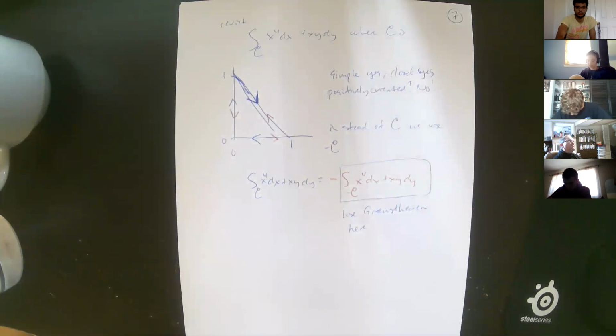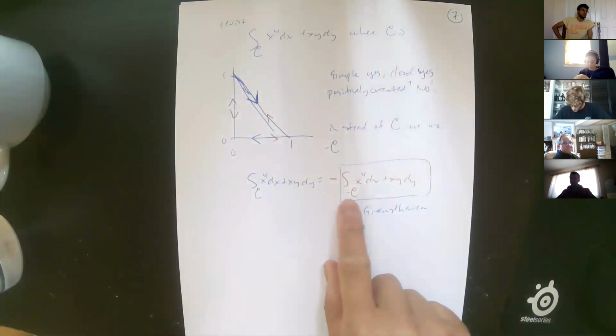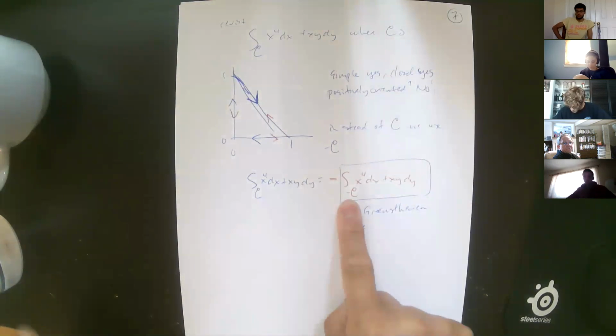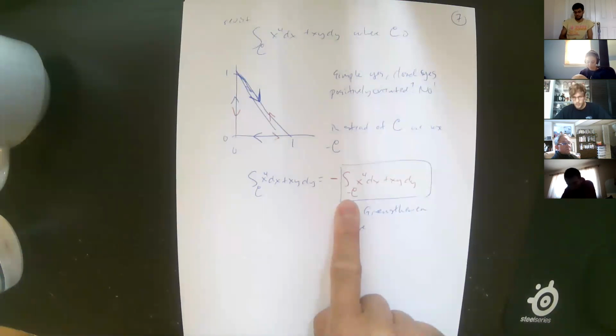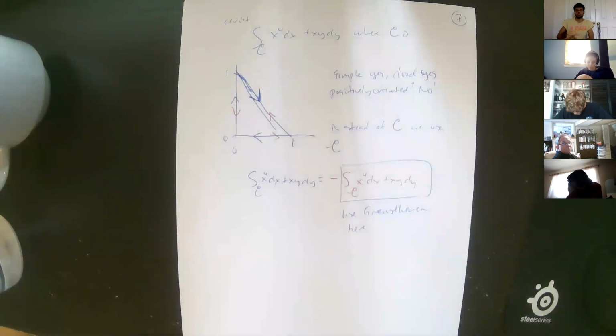That means going backwards along the curve. Reversing the limits of integration is just going backwards along the curve, exactly. So that's on the parameterization level.